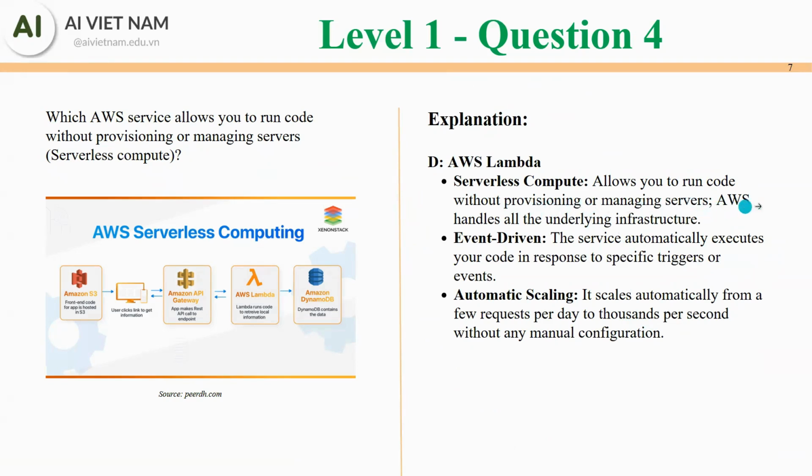In other words, AWS handles all the underlying infrastructure. The service automatically executes the code in response to specific triggers or events. And it scales automatically from a few requests per day to thousands per second, without us having to manually configure anything.